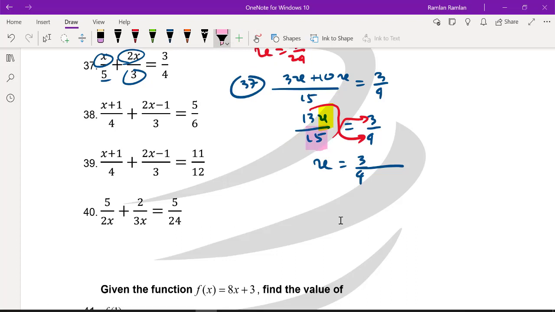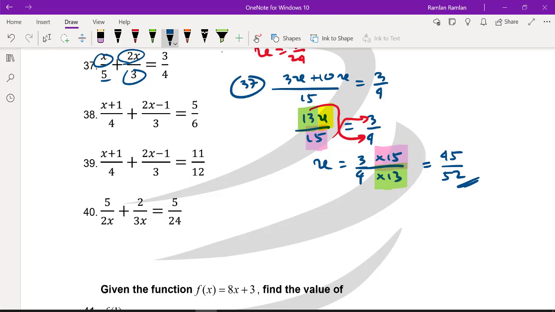This 15 goes here, right? It goes up. And that 13 goes down over here. Okay, I'm gonna highlight that using maybe green. I have green. Yes, here we go. This 13 goes here. Okay, and then just do a simple operation. So 3 times 15 is 45, and 4 times 13 is 52. That's it. This is the simplest form of fraction, and that's it.